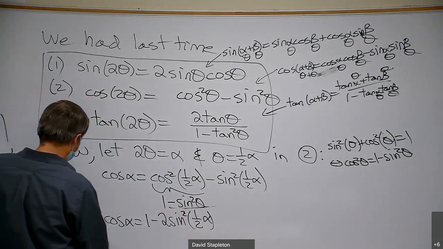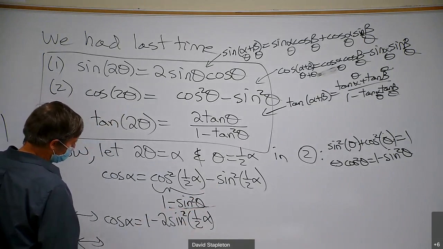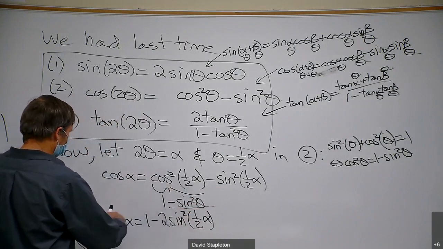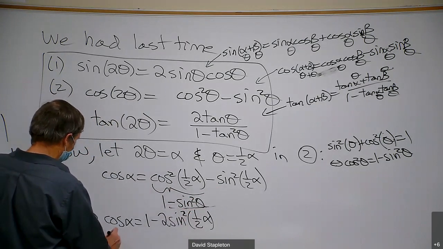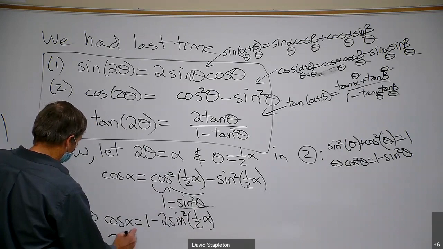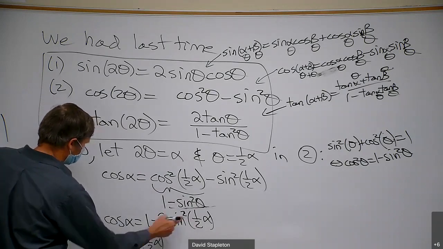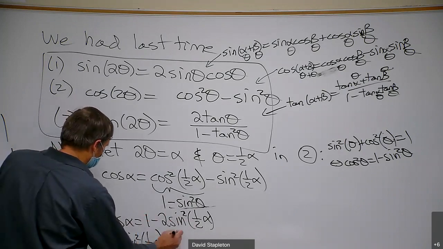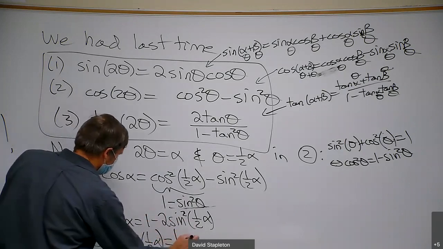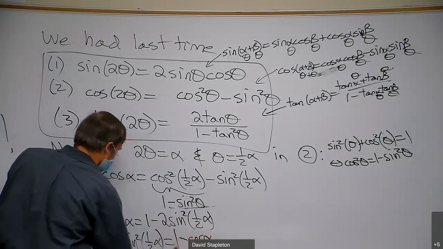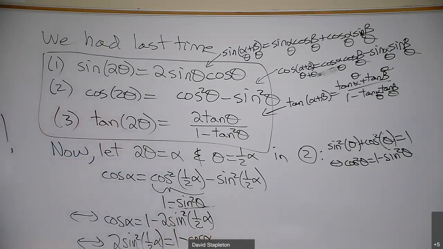What I'll do, algebra, I'll add 2 sine squared over to this side, subtract cosine from that side, and get 2 sine squared of a half alpha, plus on this side by adding it to both sides, equals 1 minus cosine alpha, and I subtracted cosine alpha from both sides. A little algebra rearranges it like that.